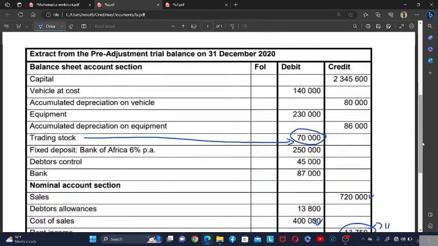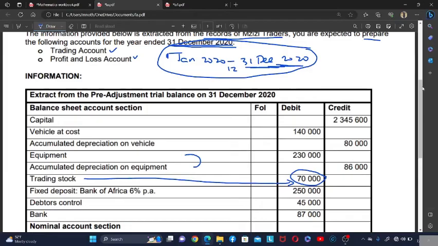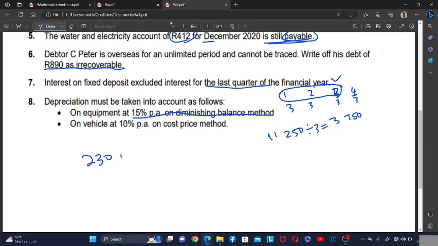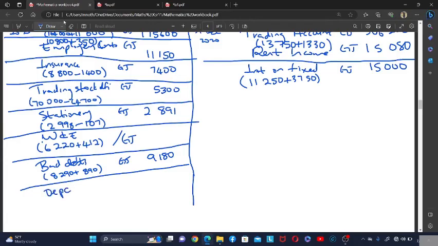For the equipment, 230,000 minus 86,000 is 144,000, times 15%, which is going to give us 21,600. So that is the depreciation.